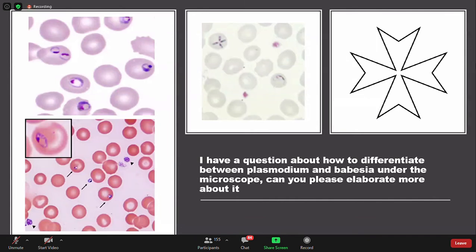Will we be asked to identify the parasite just by their eggs? How do you think I should answer? Okay, as a medical doctor, when you send a patient sample to the lab, what do you want the lab to do for you? Iman, can you please answer the question?